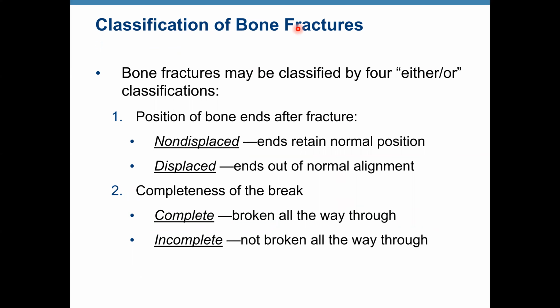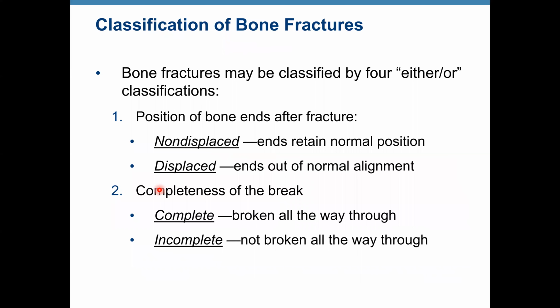Okay, so classification of bone fractures. Bone fractures may be classified by four either-or classifications. We can classify a fracture based on the position of the bone ends after fracture, displaced or non-displaced.